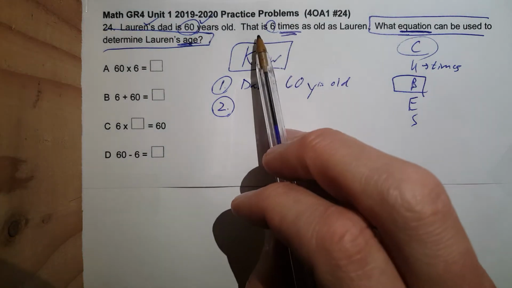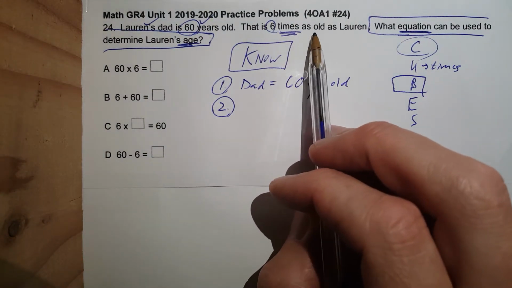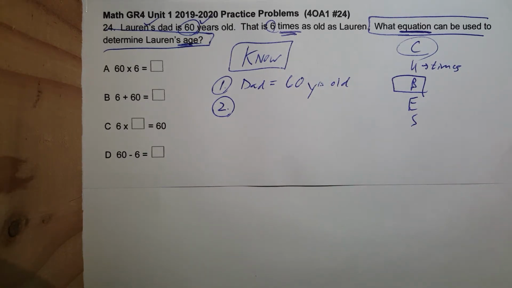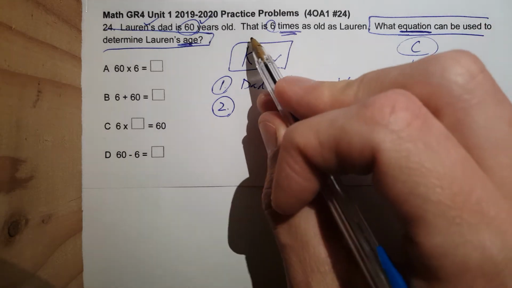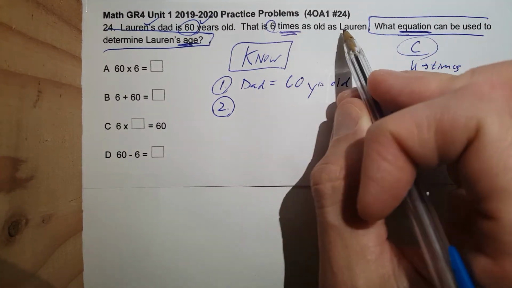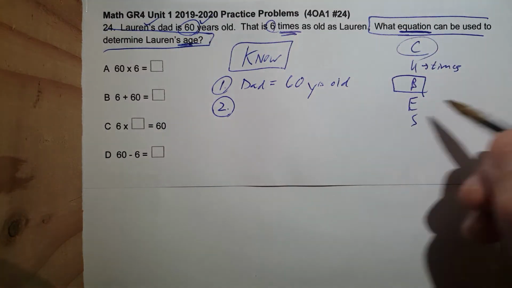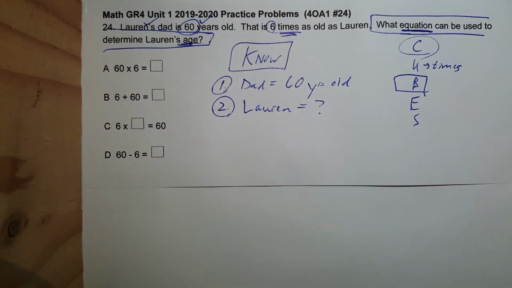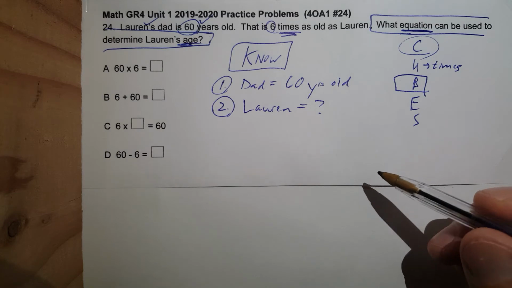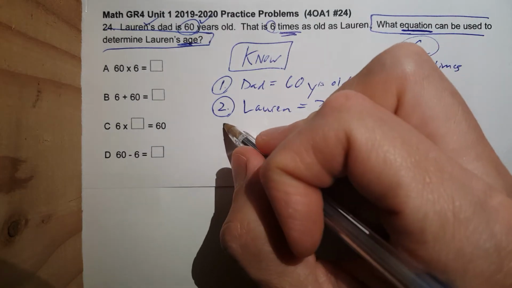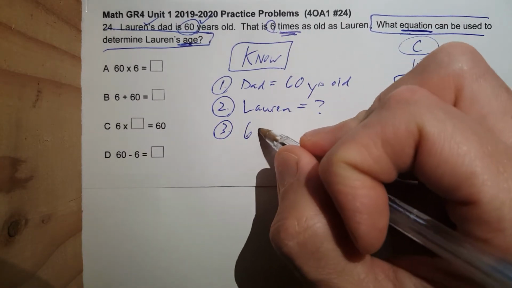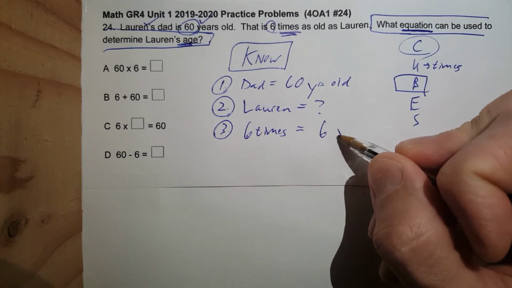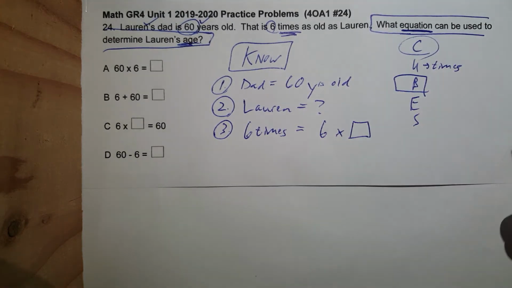All right, step number 2, that is 6 times as old as Lauren. So how would we write that? 6 times as old as Lauren. All right, so Lauren equals question mark. Okay. But I know that 6 times is equal to 6 times something.